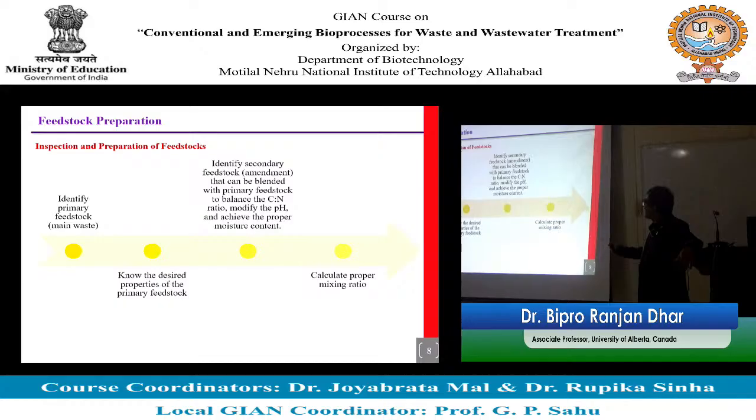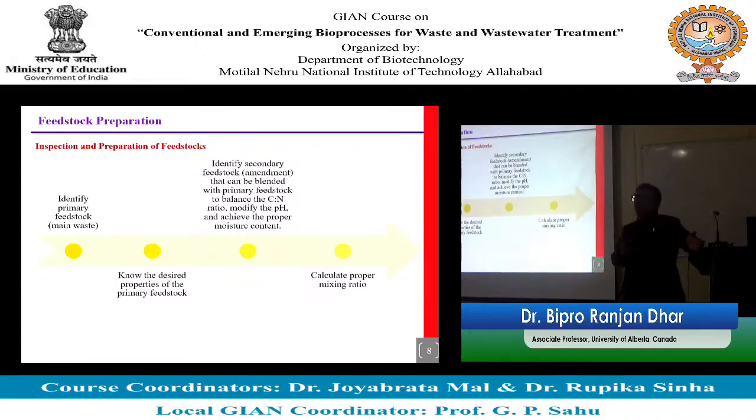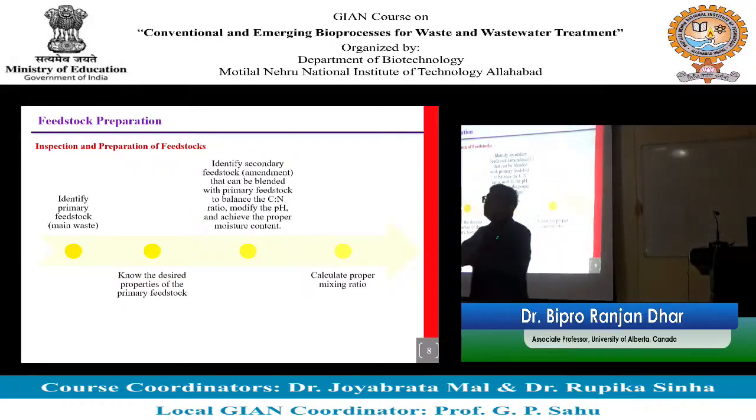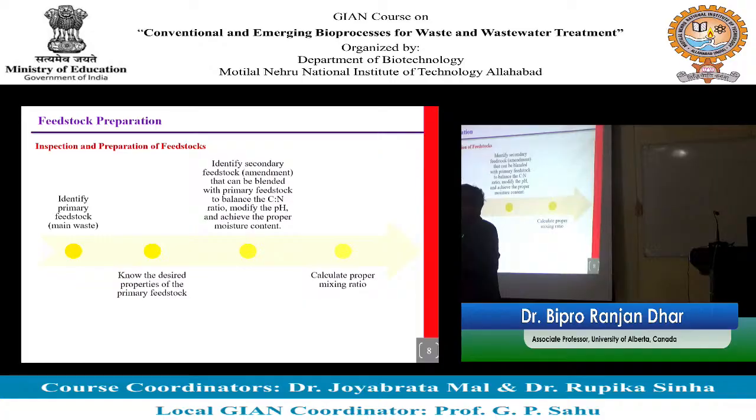So this is step by step. First we need to identify the primary feedstock for our composting, and then we have to know the desired properties. We have to characterize it, and if the carbon to nitrogen ratio is not within range, we have to identify a secondary feedstock and blend them. But we have to know how much of the primary feedstock is mixed with how much of the secondary feedstock.